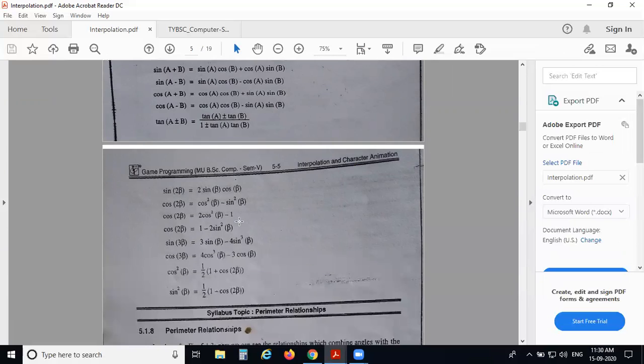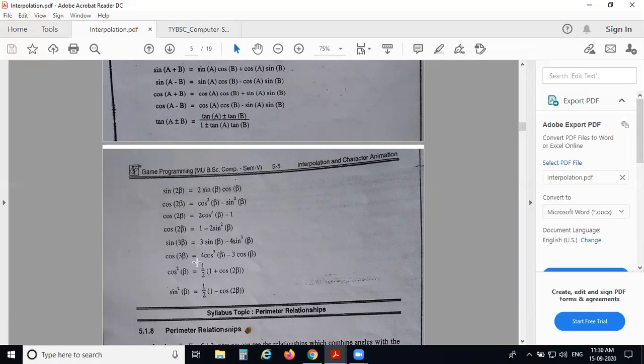Okay, so we just take another formula, just like sin 2 beta is equal to 2 sin beta cos beta. And cos 2 beta means cos square beta minus sin square beta. Then cos 2 beta is equal to 2 cos square beta minus 1. Then cos 2 beta is equal to 1 minus 2 sin square beta. Then sin 3 beta is equal to 3 sin beta minus 4 sin cube beta.